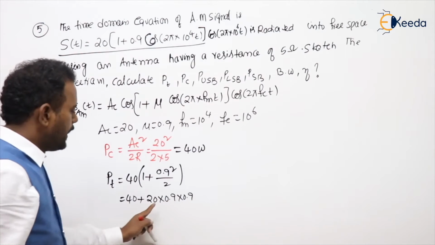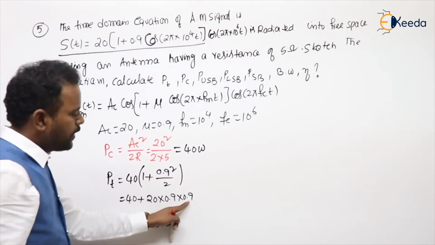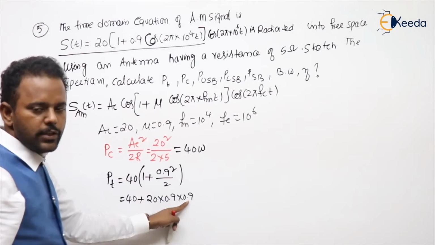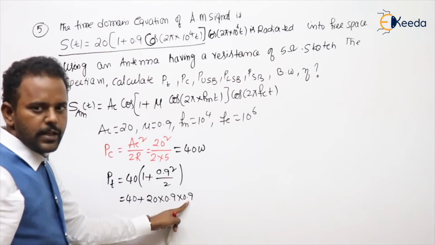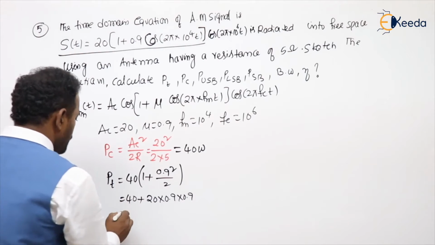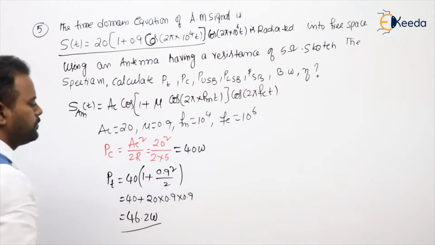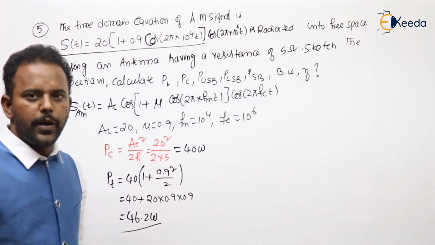Are you getting? 18 into 1 you can take as 18. But here 1.1 is decreased. So 1.8 you have to decrease. So in the 18, 1.8 if you decrease, 16.2. So plus 40. So 46.2 watt. Are you following my point or not?